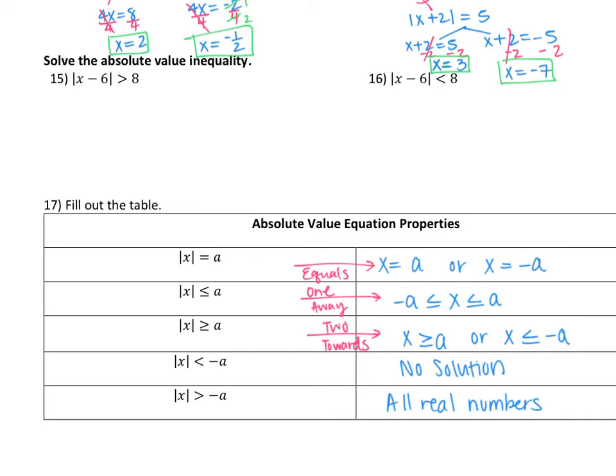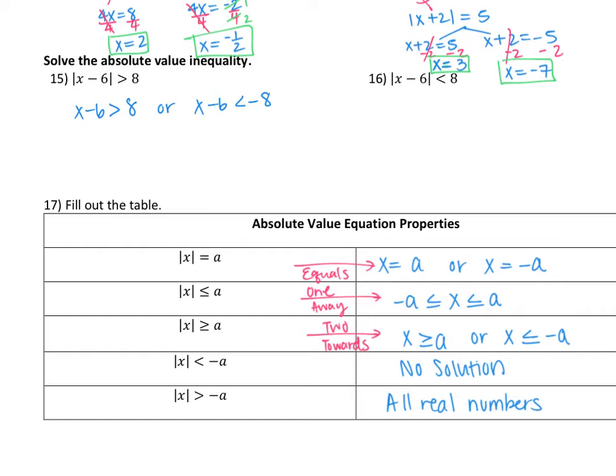So I'm going to have x minus 6 is greater than 8, or x minus 6 is less than negative 8. Anytime it's facing towards the absolute value, remember that it means split it into two, one that's positive, one that's negative. And when you switch signs here, for the negative one, I'm going to flip the actual inequality sign too.